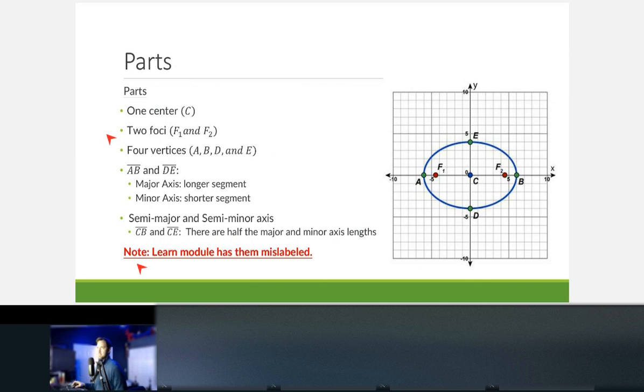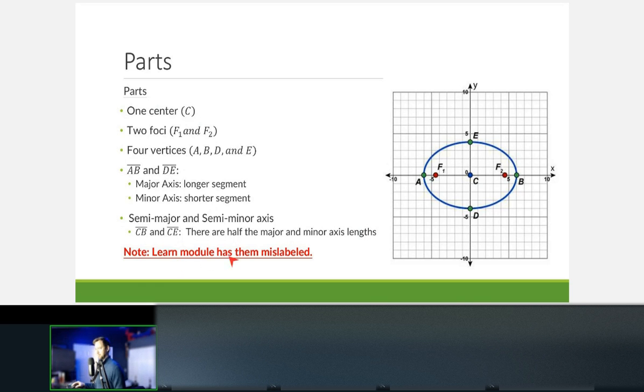Okay. The center is capital C. We will be dealing with variables lowercase a, lowercase b, and lowercase c. So capital C and lowercase c have different meanings when talking about an ellipse.